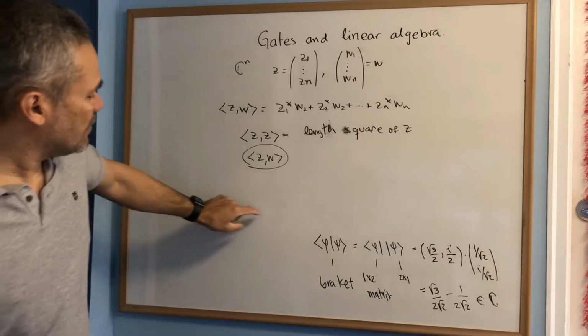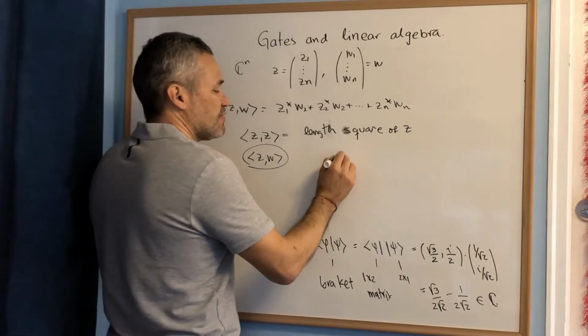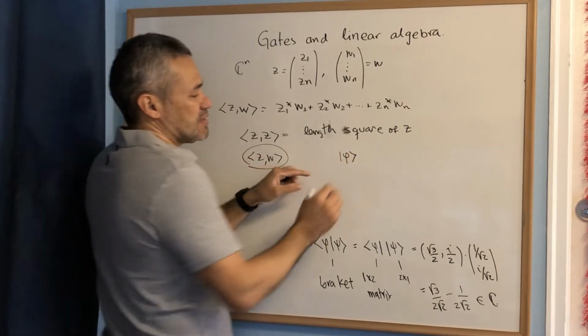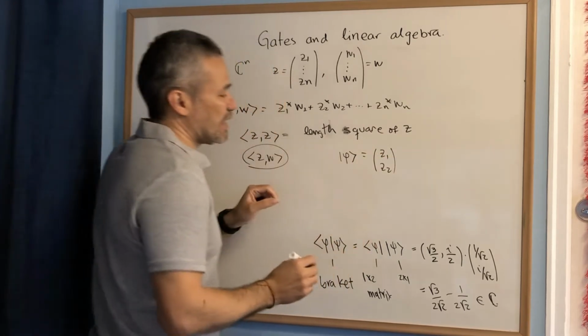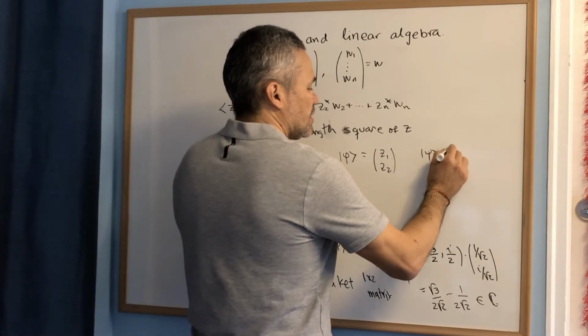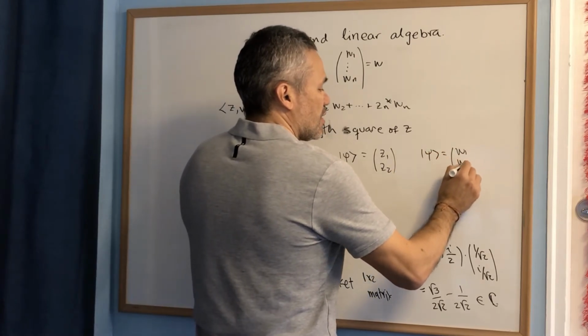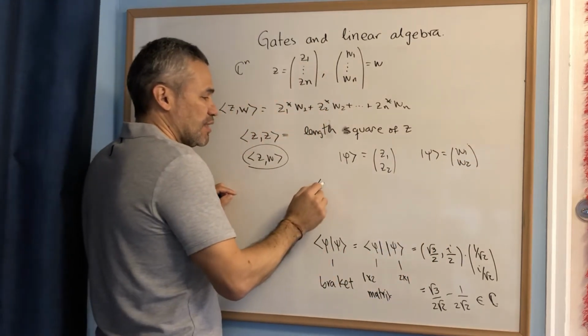If we have two vectors, let's say this vector phi, which is C1, C2, this is a ket, and we have another ket W1, W2. Then what would be the bracket between these two?